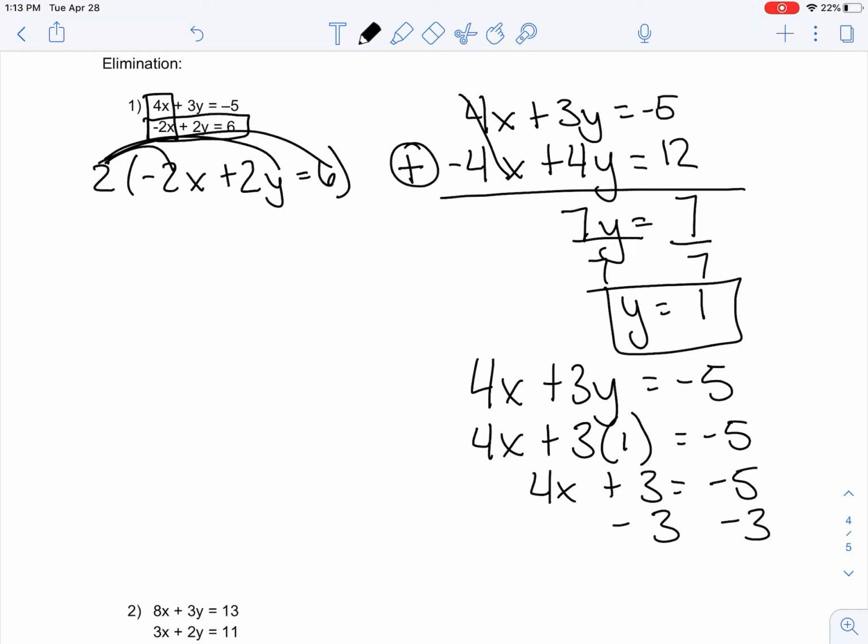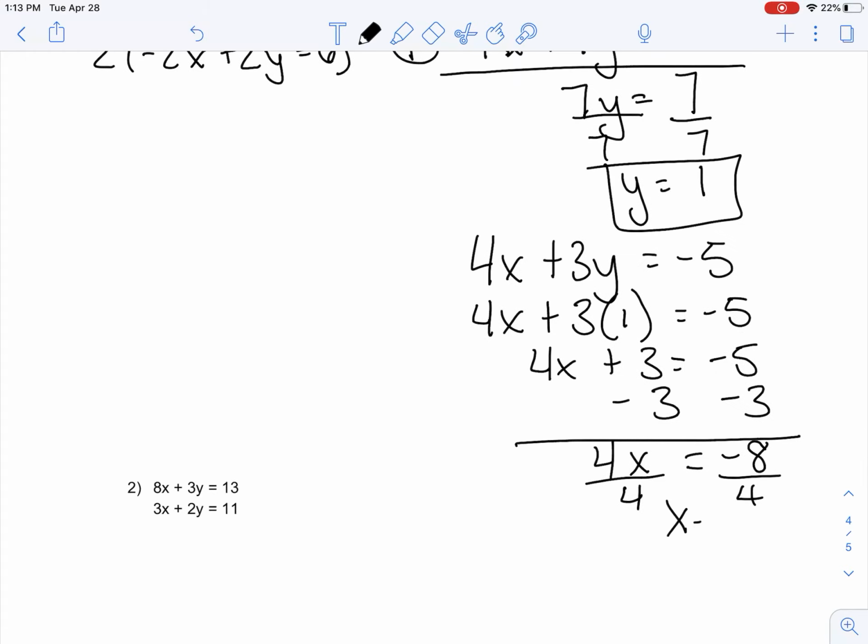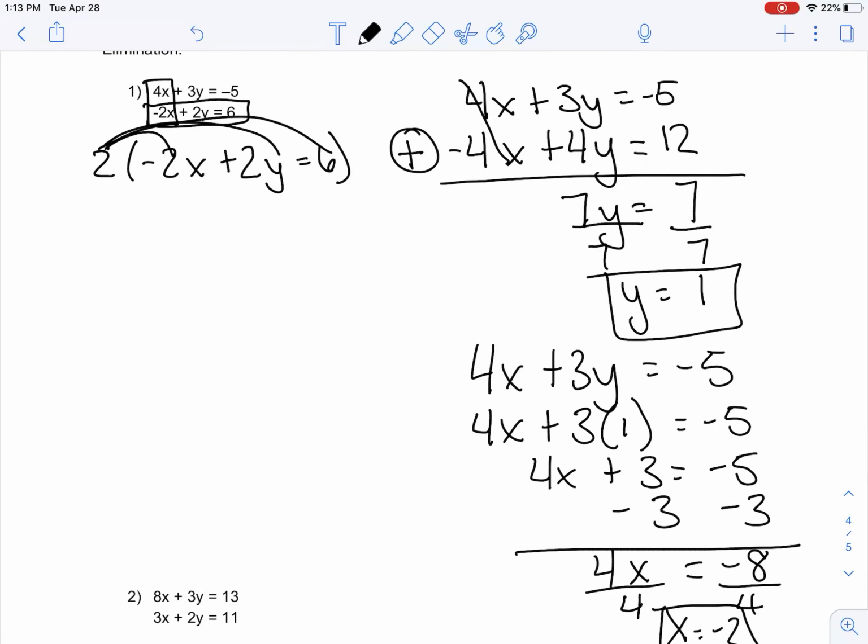Subtract the 3. 4x equals negative 8. Divide by 4. And x equals negative 2. So my solution is negative 2, 1.